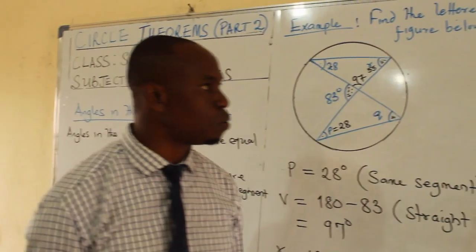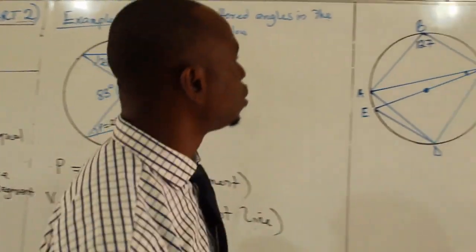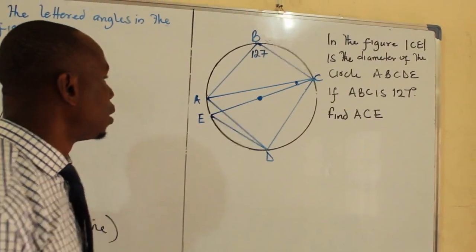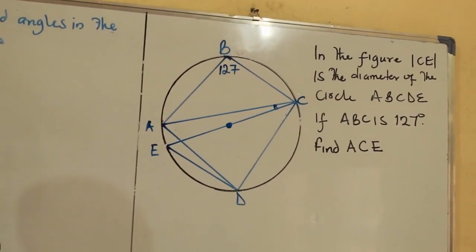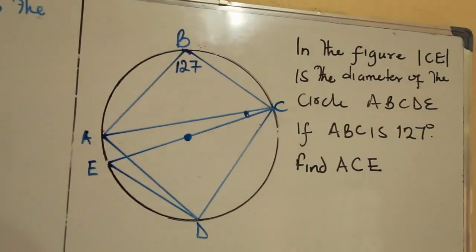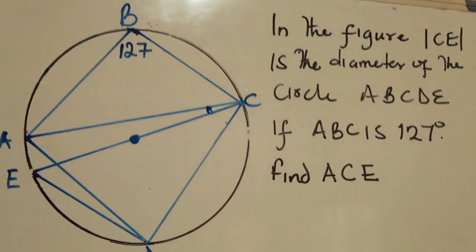So in this example, we were told that CE is a diameter. The question reads, in the figure, line CE is the diameter of the circle.